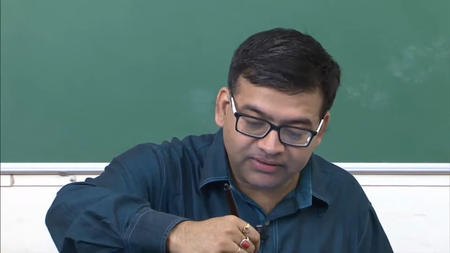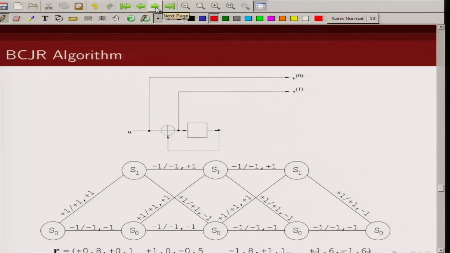to estimate our information sequence. This is the convolutional encoder that we have considered. This is G(D), the rate 1/2 code, and its corresponding trellis diagram is this. For simplicity, I have just considered 4 time instances. Initially I assumed this encoder is in the all 0 state, denoted by S0, and it moves to either S0 or S1 depending on what bit it receives.